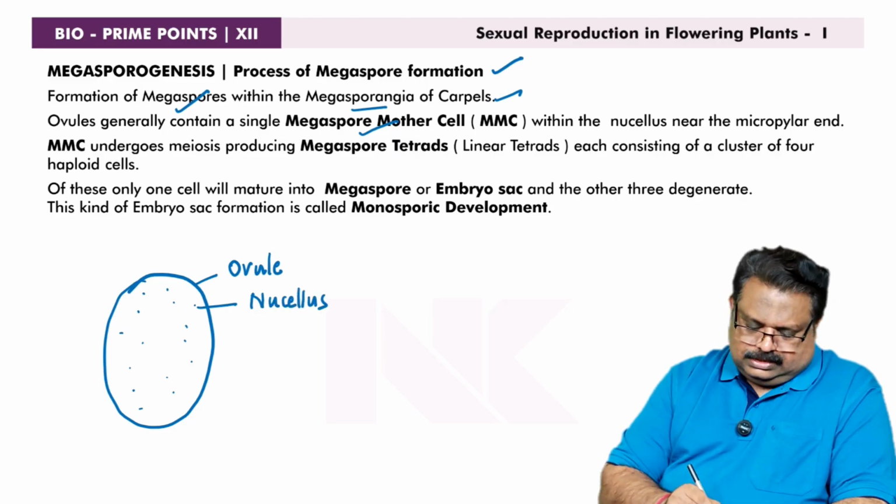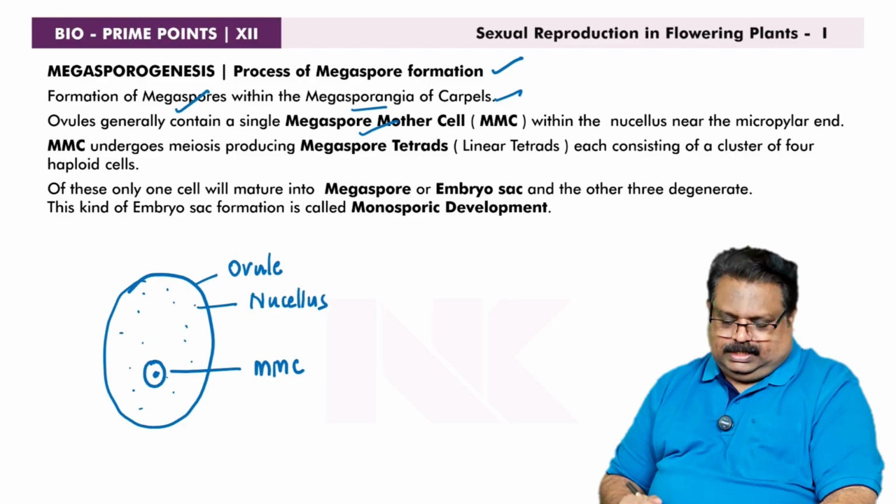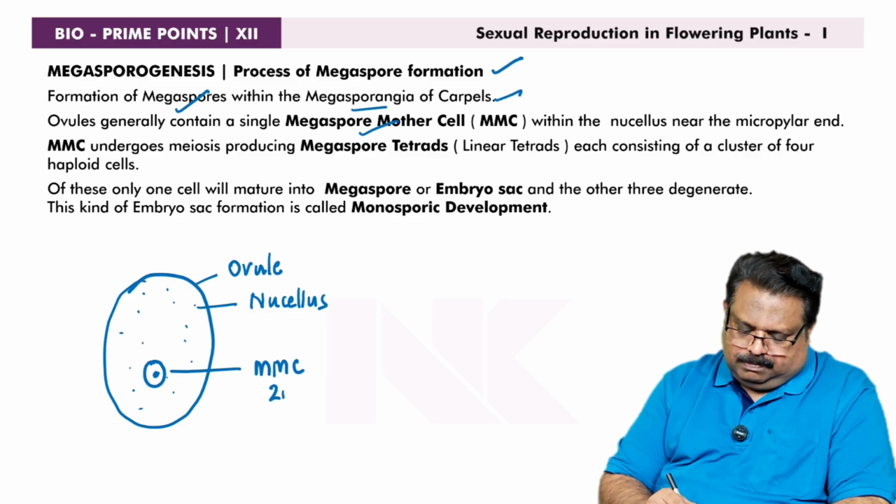And inside the nucellus there is a diploid cell. The diploid cell is called megaspore mother cell. MMC means megaspore mother cell. Megaspore mother cell is diploid.